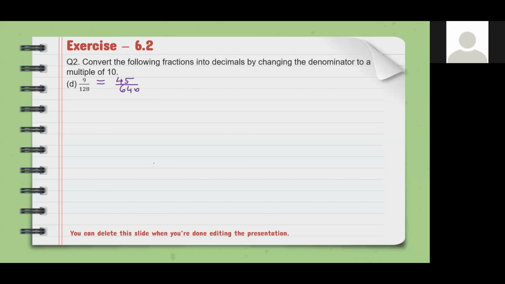Then, sir, we have to divide 640 with 45. 45 will be the divisor.